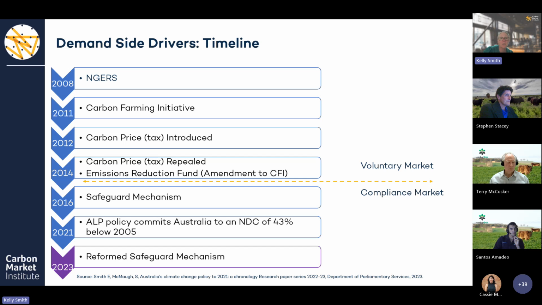Importantly, the baselines actually reduce year on year, and a facility's net emission needs to be at the baseline for the year by using on-site decarbonisation projects and initiatives or purchasing carbon credits in the form of ACCUs or SMCs.